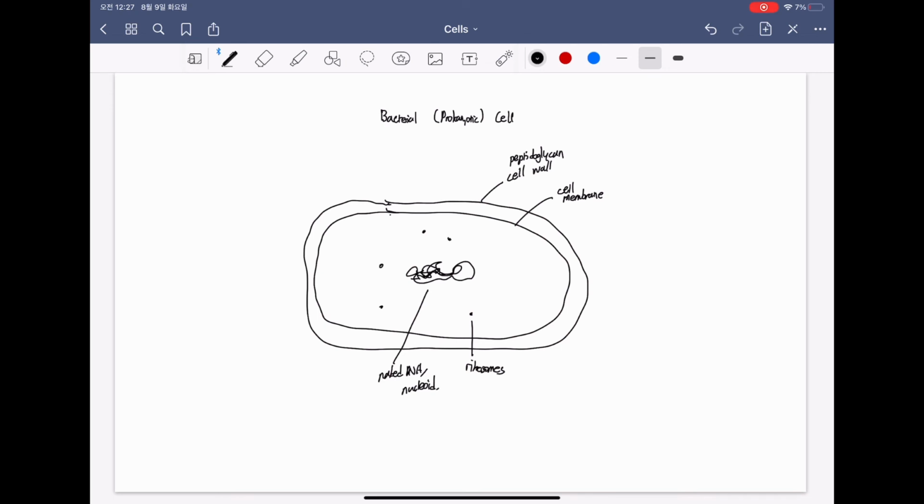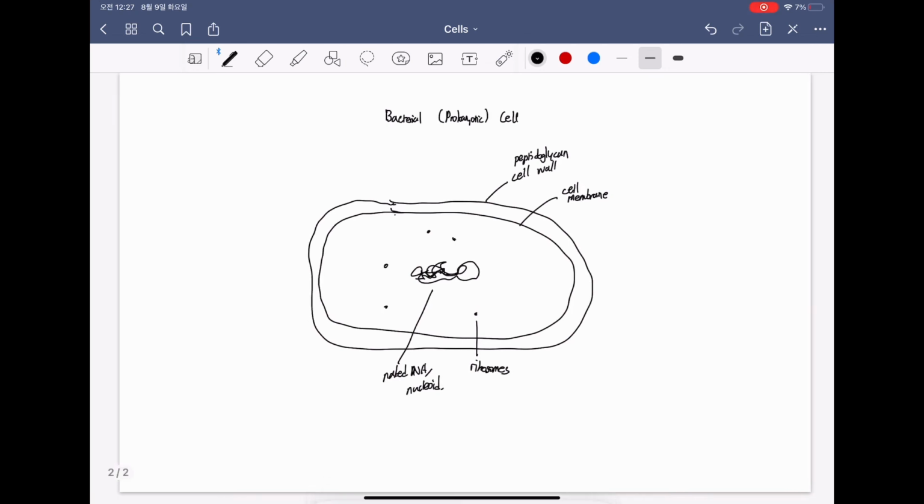A prokaryotic cell also usually has a tail, which is called a flagellum. The flagellum is used for locomotion, along with pili, little fur-like things here, which are used for cellular communication and movement.